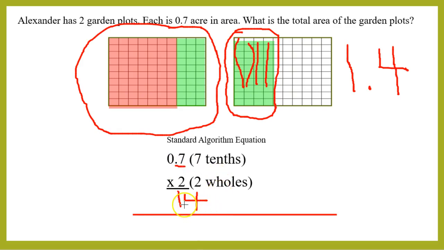So you will want to show the same for your standard algorithm product. Get that colored in. So you have 1 and 4/10. So Alexander's total area of his garden plots is 1 and 4/10.